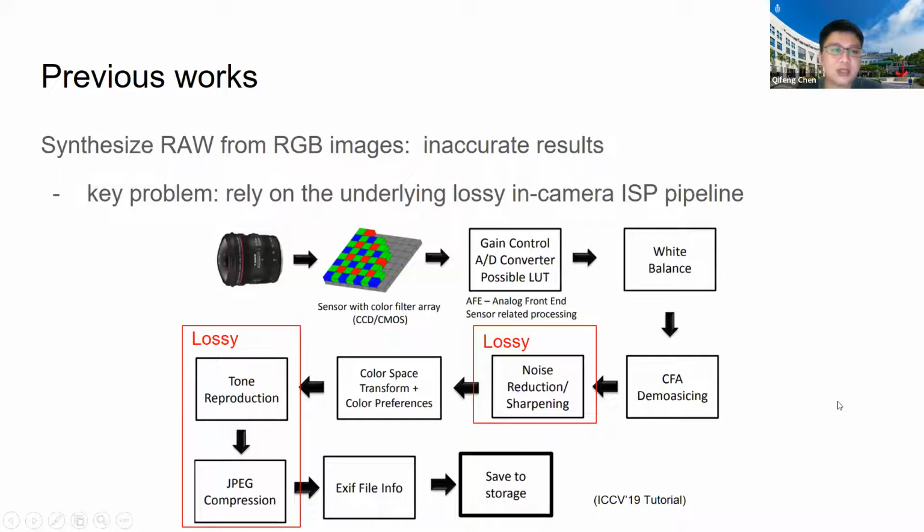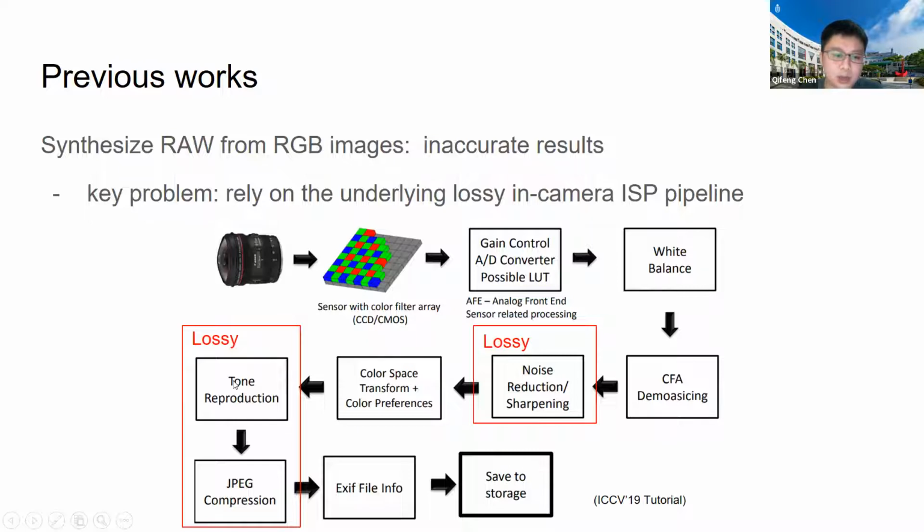So we first analyze why there is some information loss in the image signal processing, and why it's very difficult to reconstruct the raw data. This is a standard image signal processing pipeline in the ISP. We can see there is a denoising step, which will smooth out the information.